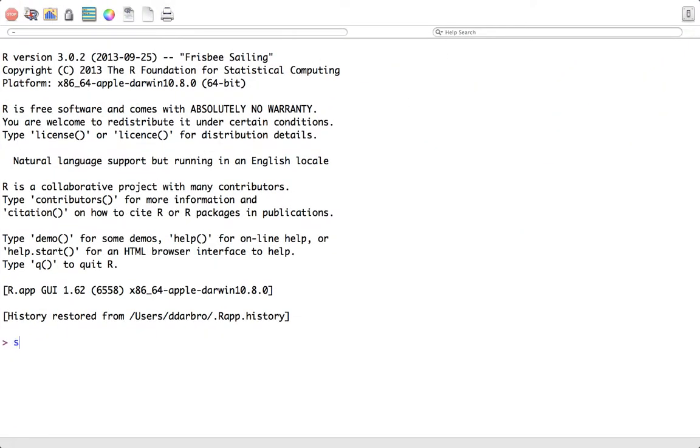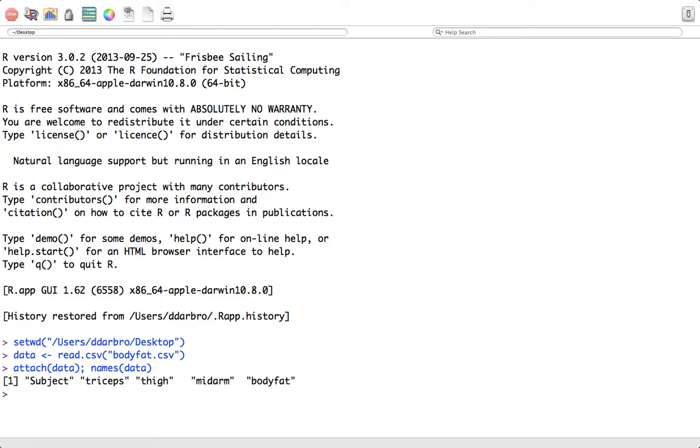So let's do the standard stuff. This is where we need some music, isn't it?